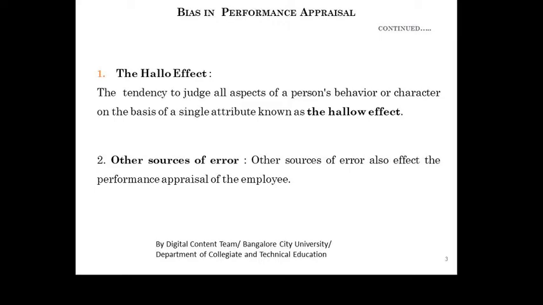For example, if we find a person to be physically attractive, we may tend to think of that person as also friendly, likable, easy to get along with, generalizing from one attribute to personality characteristics and other abilities. A supervisor who scores an employee high on one factor of a merit rating scale may tend to grade that person high on all other factors.